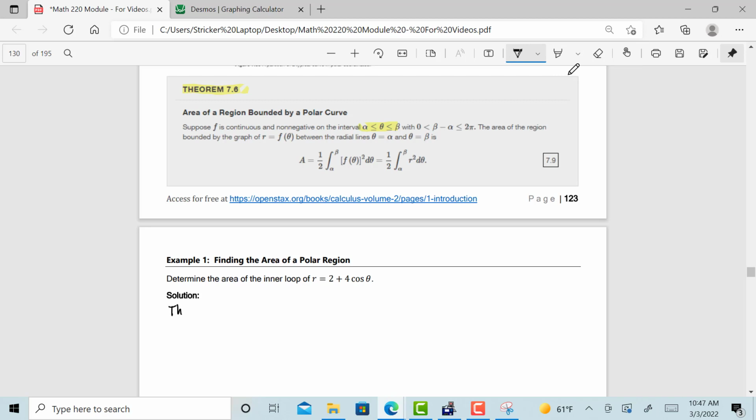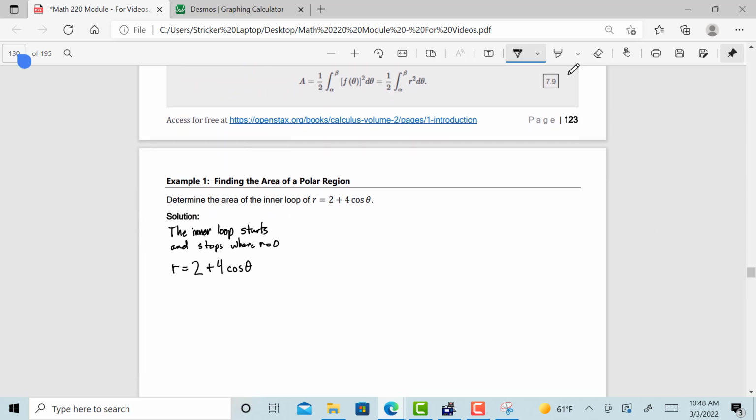The inner loop starts and stops where r equals 0. So we take our equation, r equals 2 plus 4 cosine theta, and we want to let r equal 0.